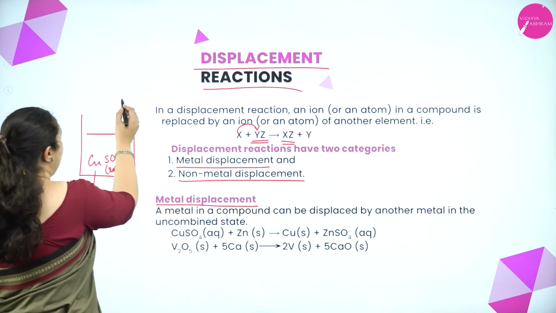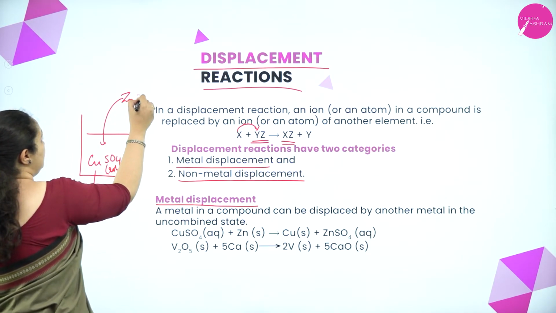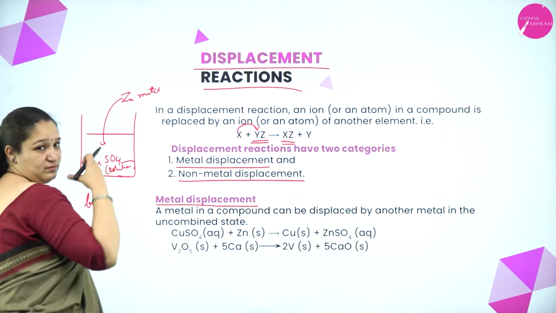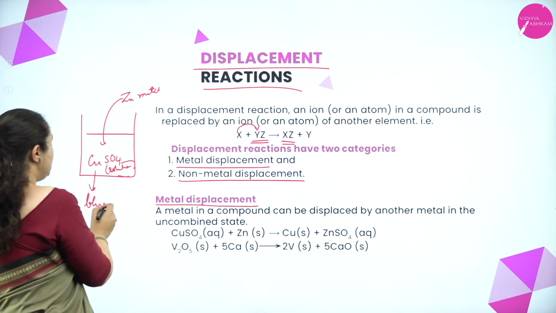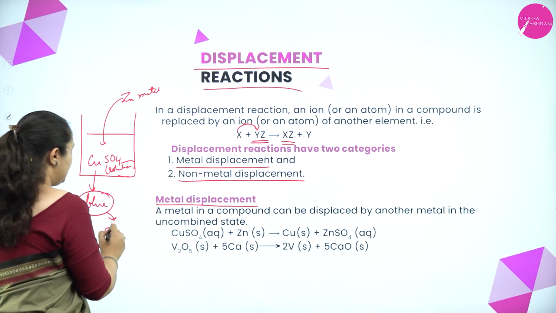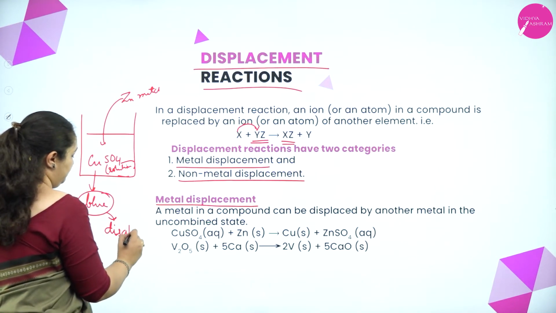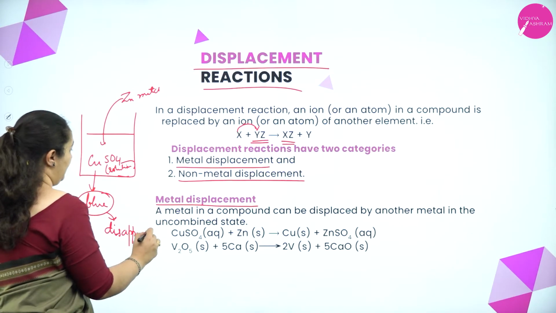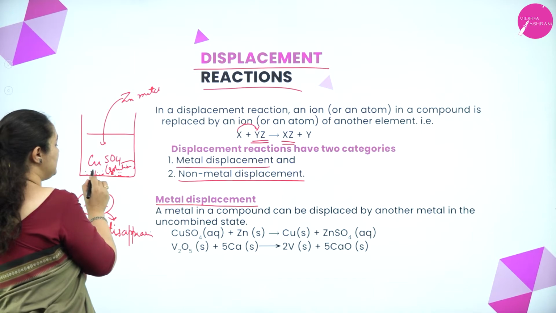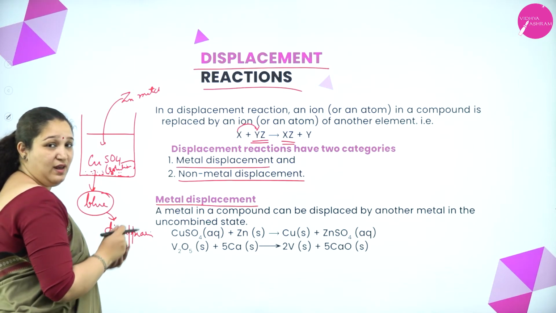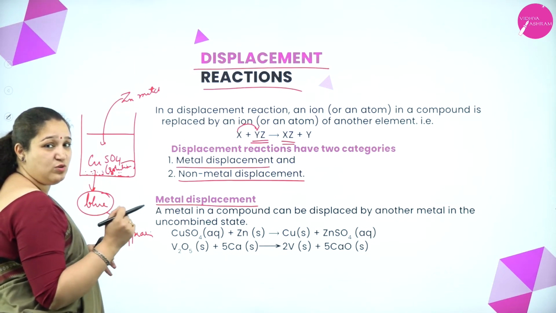For this one, if you add zinc metal pieces and if you keep it for some time, what you can observe is this blue color will start disappearing and you can see some powder copper which is getting deposited, okay, and zinc is going into the solution.